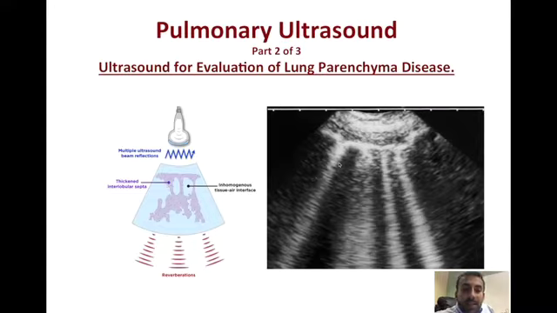These B lines, again, are an indication of differentiation in aeration of the lung tissue. And the more vertical lines you have from the lung pleura extending throughout the ultrasound image, the greater the degree of differentiation of aeration in your lung window.